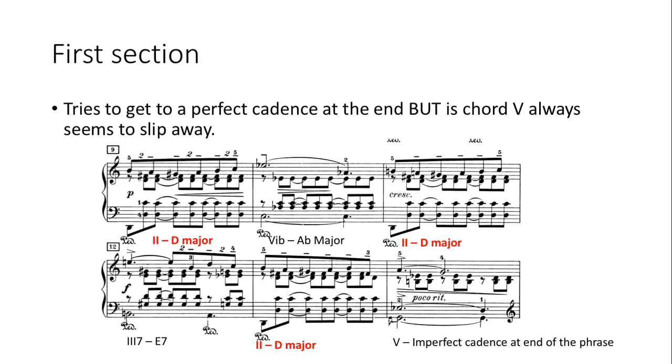In the first section, we get introduced to our initial idea, and then we start to get hints that we might be heading towards a perfect cadence at the end, but it always seems to slip away. So we have the idea that we're familiar with.